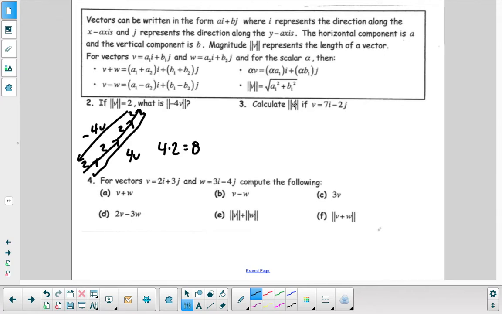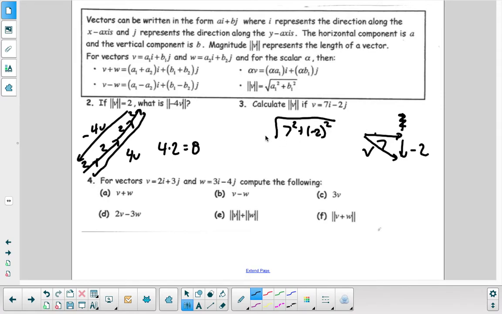So calculating the magnitude of v, I just draw triangles. So 1, 2, let's go. So this would be 7, negative 2. This is vector v. So you just need to find the distance from point A to point B. So 7 squared plus negative 2 squared, square root of that.